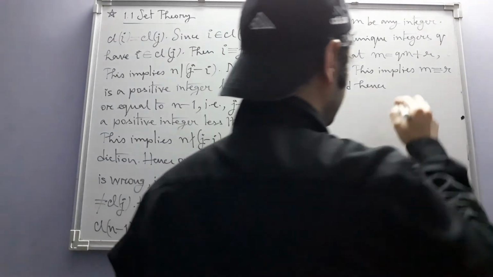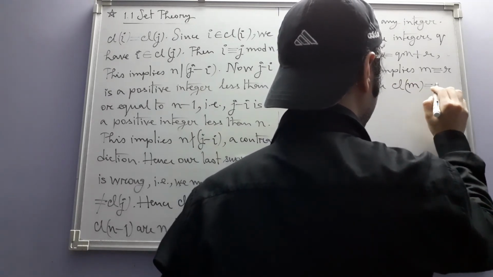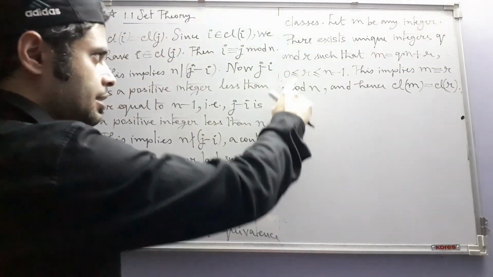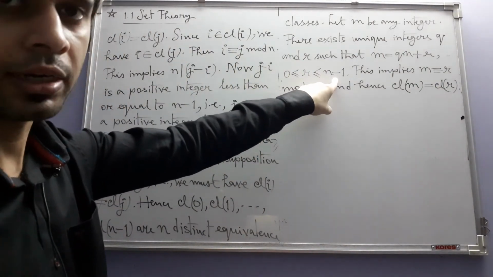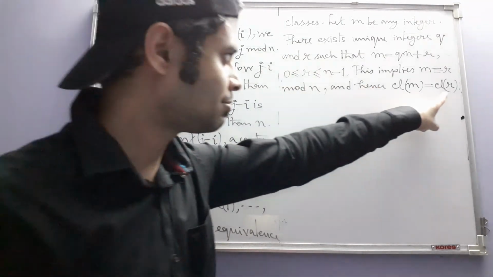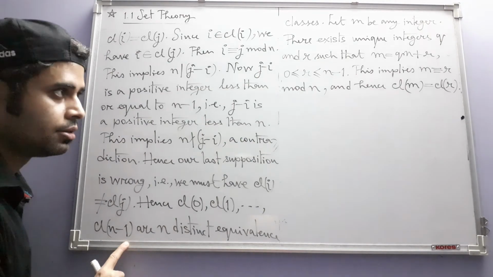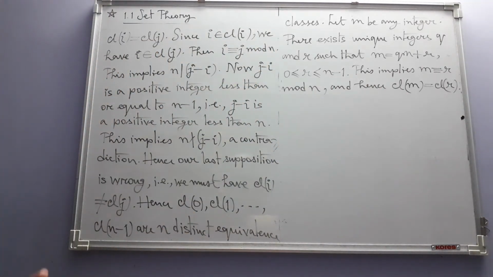So the class of m will be equal to the class of r. Now note that since r takes an integer value between 0 and n minus 1, class of r is nothing but one of these n classes. So class of m is equal to one of these. So they are the only available equivalence classes, and since they are distinct, there are exactly n equivalence classes.